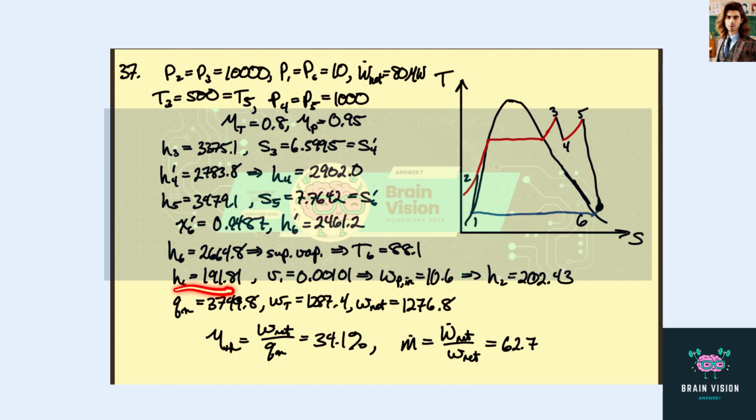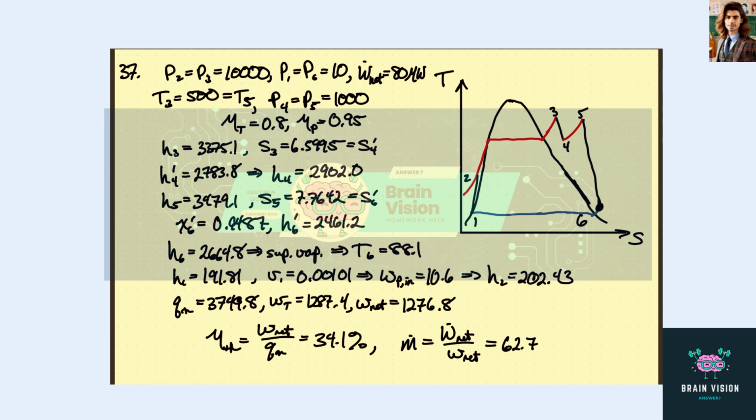So we can get the enthalpy and the specific volume. Again, using the efficiency, we can get the specific work we need to put into the pump, which then gives us the specific enthalpy at 2, which is this plus this.